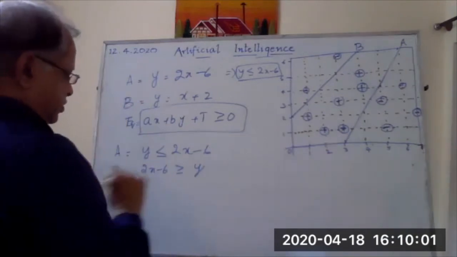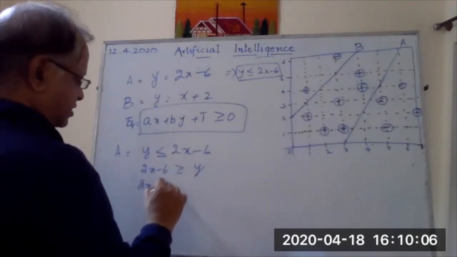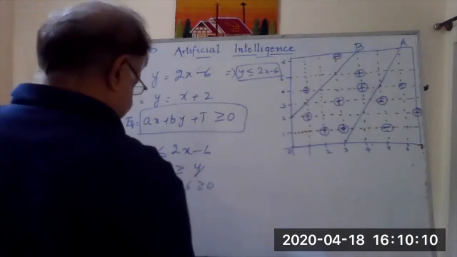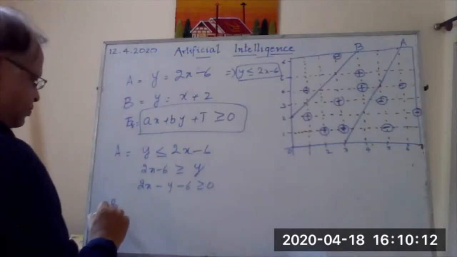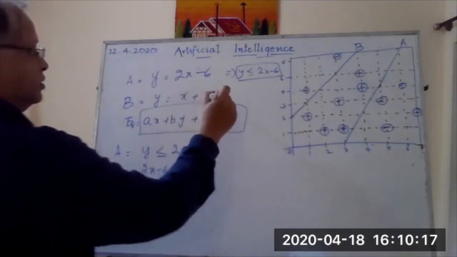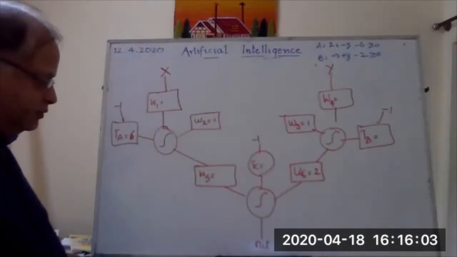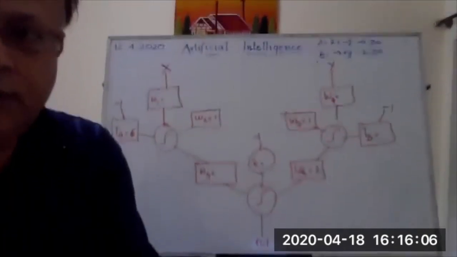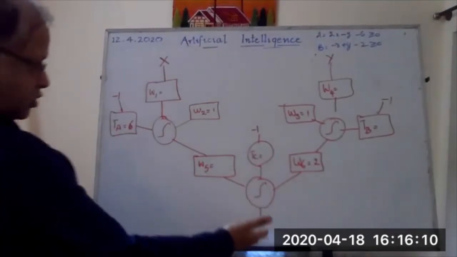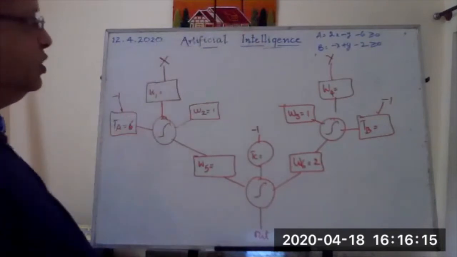Now I have to bring this y to this side, which is 2x minus y minus 6 greater than or equal to 0. This is the first thing. Coming back, this is the neuron, wherein the output is shown, which will show an output of the intersection of these two equations.